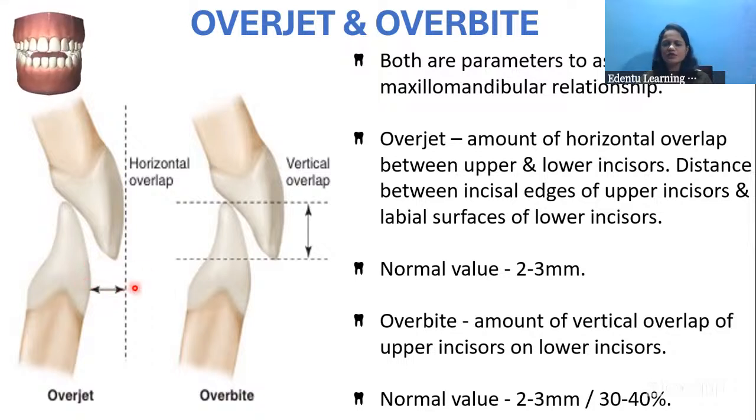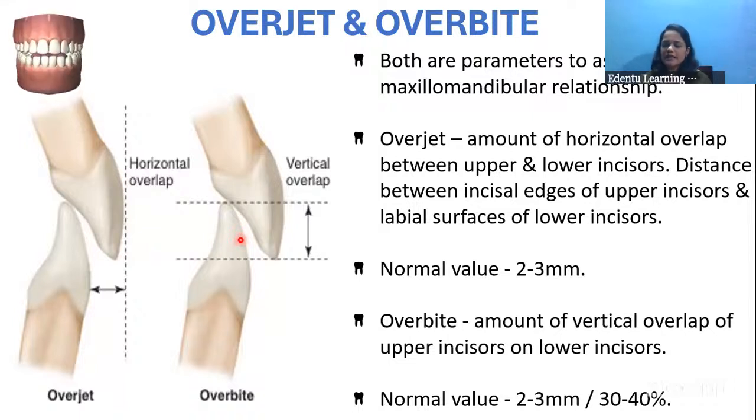Usually the normal value is 2 to 3 millimeter. Now, overbite is the vertical overlap, the amount of vertical overlap of upper incisors on the lower incisors. So this distance is the overjet, whereas this distance is the overbite. The overbite is also usually normally 2 to 3 millimeter.